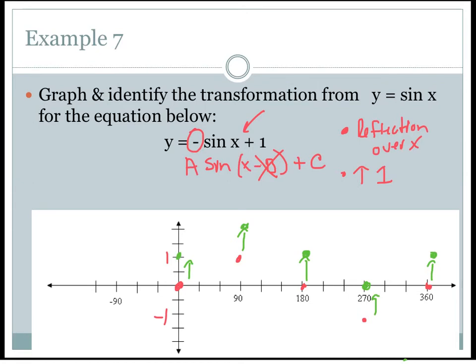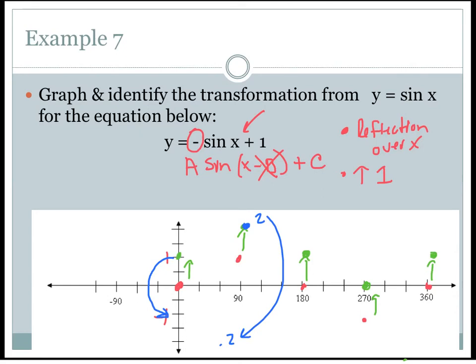Notice what's happening, but now what happens to all these points? They reflect. So I'm going to take these and they're going to flop down on the opposite side. This one was at 2, it's now going to be at negative 2.